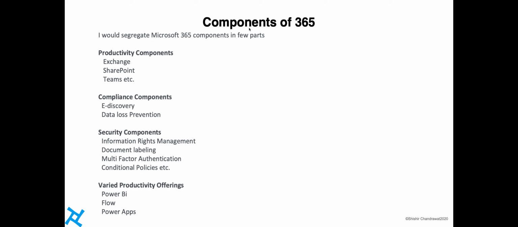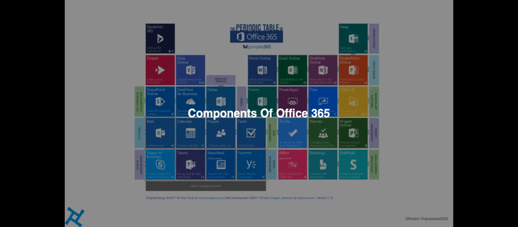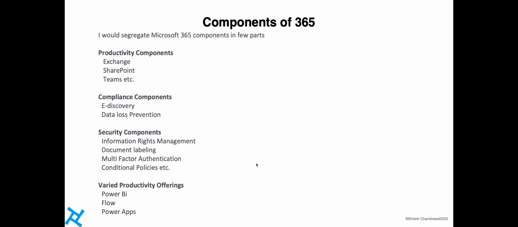Then there are various other productivity offerings like Power BI, Flow, Power Apps. Once again, I showed you all these offerings: Sway, Planner, To Do, Booking, Staff Hub. So what Microsoft is doing nowadays, honestly, is that they just buy a company. Like recently, they bought a company from India.